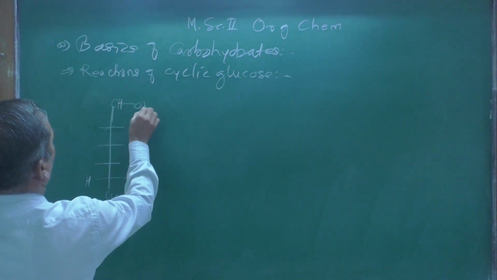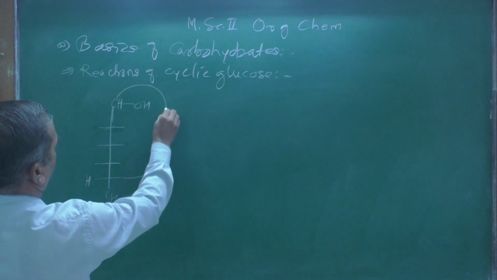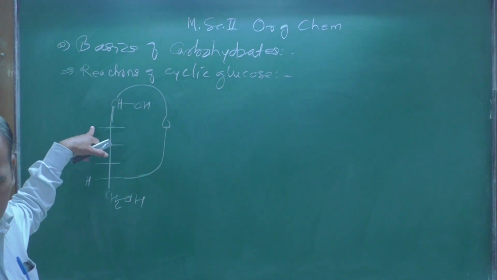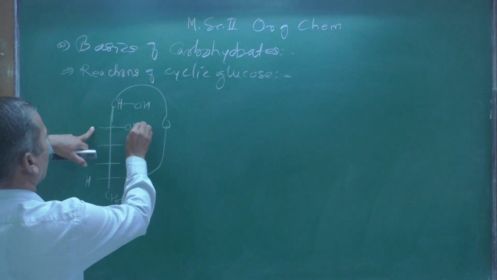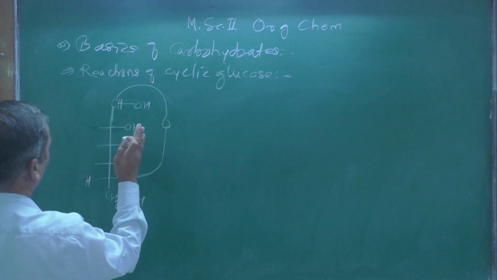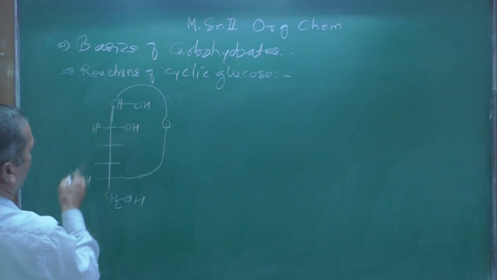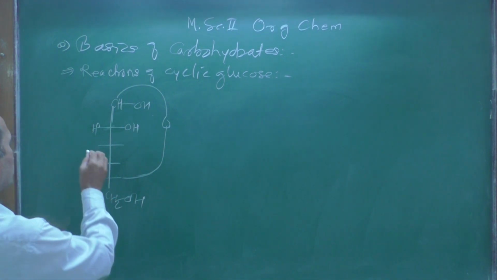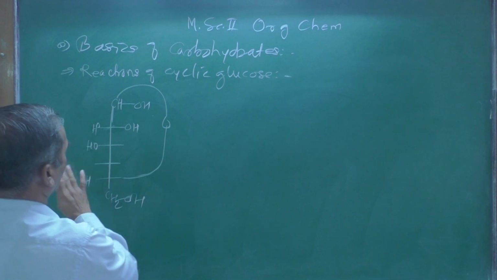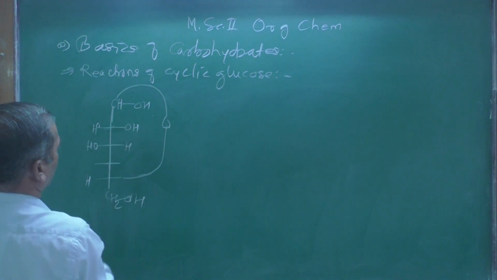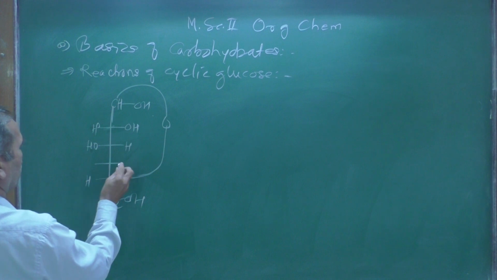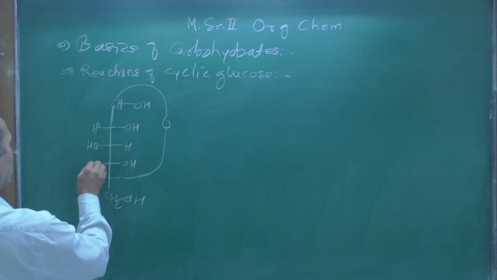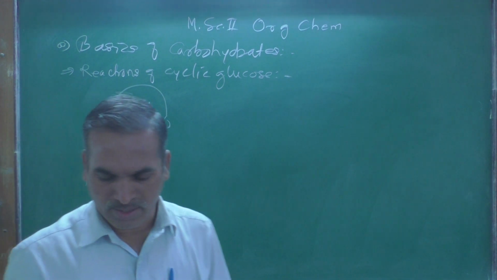Here is an OH, and then a cyclic structure where in the middle, a hydroxyl group lies on the right hand side and hydrogen on the left.